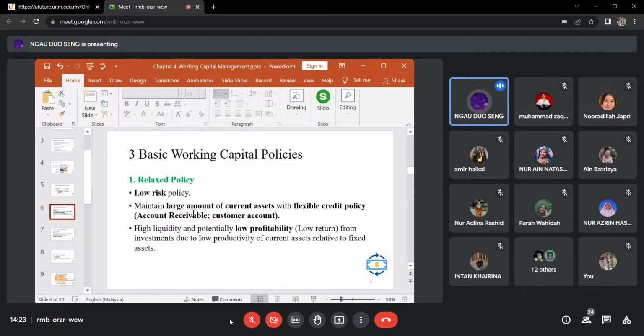Account receivable is one type of current asset, right? So they accumulate very high account receivable, because they lend to customers and give them a long period to pay back. That's why account receivable is high.